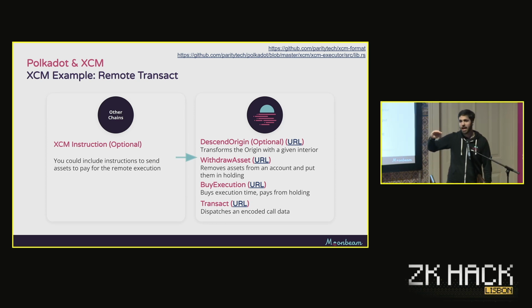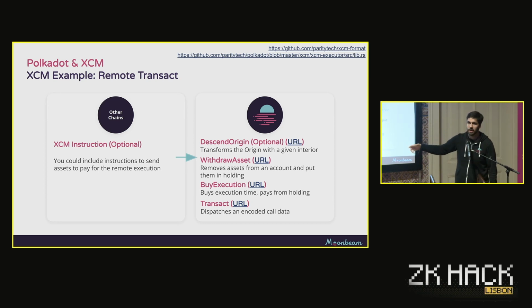Remember that an instruction by itself doesn't mean anything, but a combination results in something. The next instruction is you grab some of the money on the table and buy execution with it. You're buying block space or execution time, however you like to refer to it. So you're saying, I am paying so that I can execute stuff.